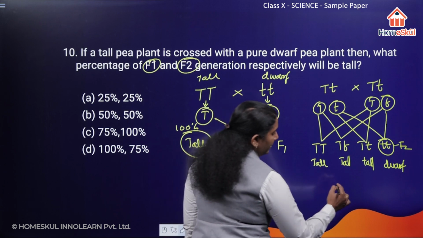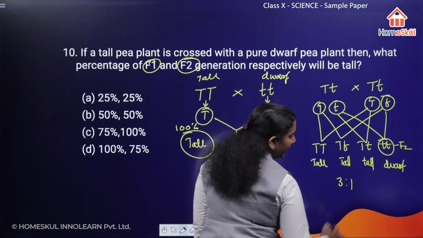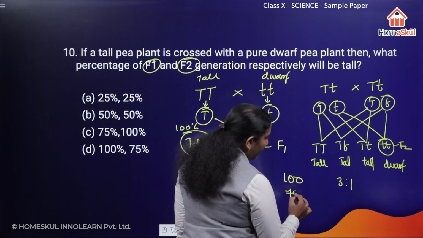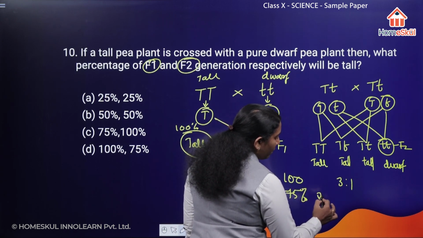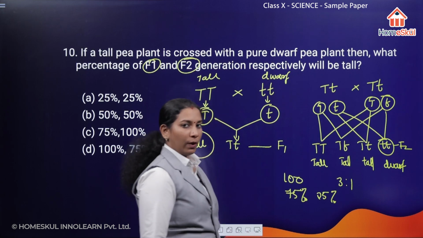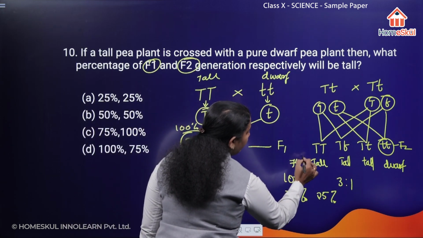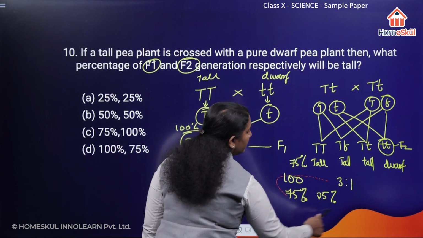So, we can get the ratio as 3:1. That is, if 100 offspring are forming, 75% are tall and only 25% are dwarf, right. So, in F2 generation, we will get 75% of tall plants.